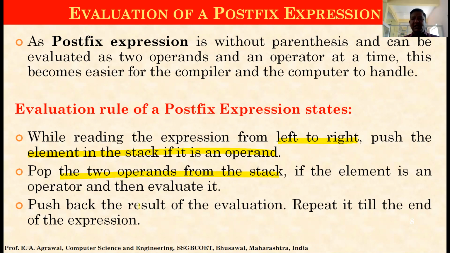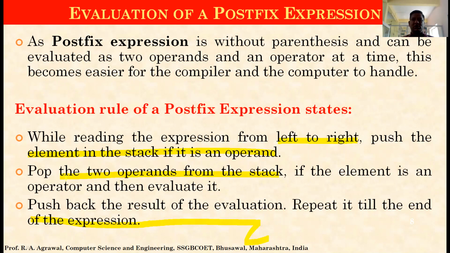If a mathematical operator is encountered, we perform the computation. After performing the computation, the result will be added to the top of the stack. We have to repeat these steps till we get to the end of the expression. So this is the idea of evaluation of a postfix expression.